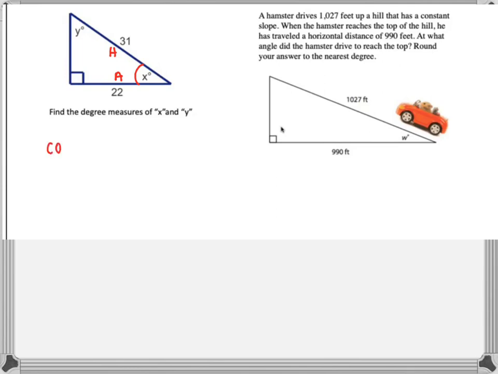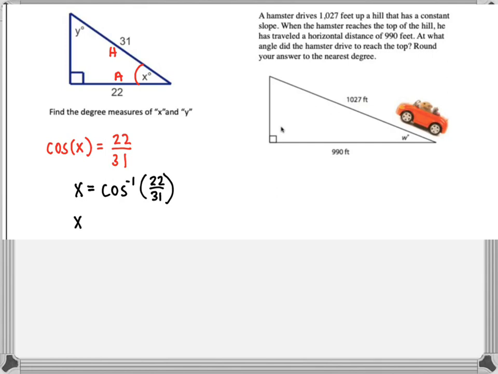So the cosine of x equals adjacent 22 over the hypotenuse 31, and to solve for x, x equals the inverse cosine of 22 divided by 31. Give me the angle whose cosine ratio of the sides is 22 divided by 31.